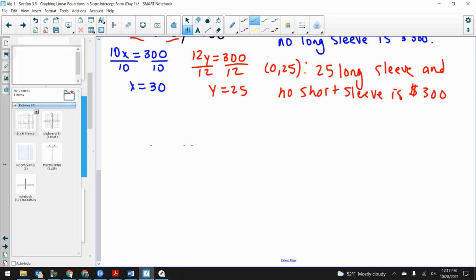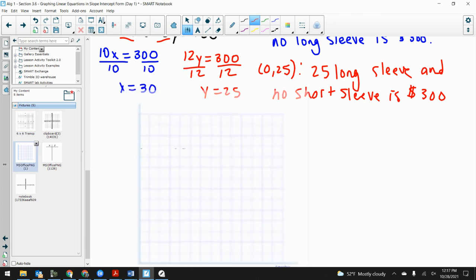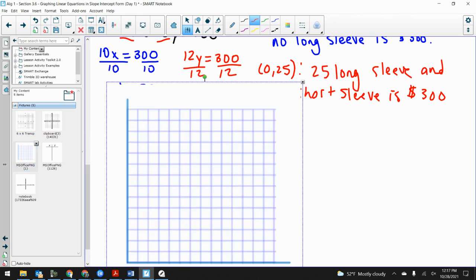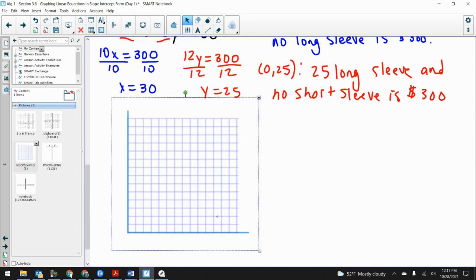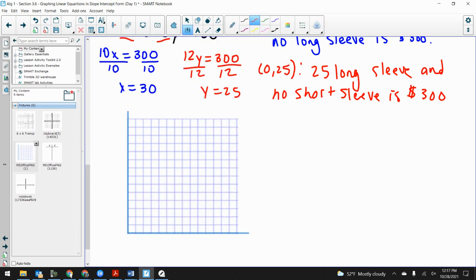Let me pull this graph over. Well, that's large. Okay, so the x-axis is short sleeve shirts. The y-axis long sleeve shirts. We have to go to 30 on the x-axis and 25 on the y-axis. Let's go by fives. 5, 10, 15.